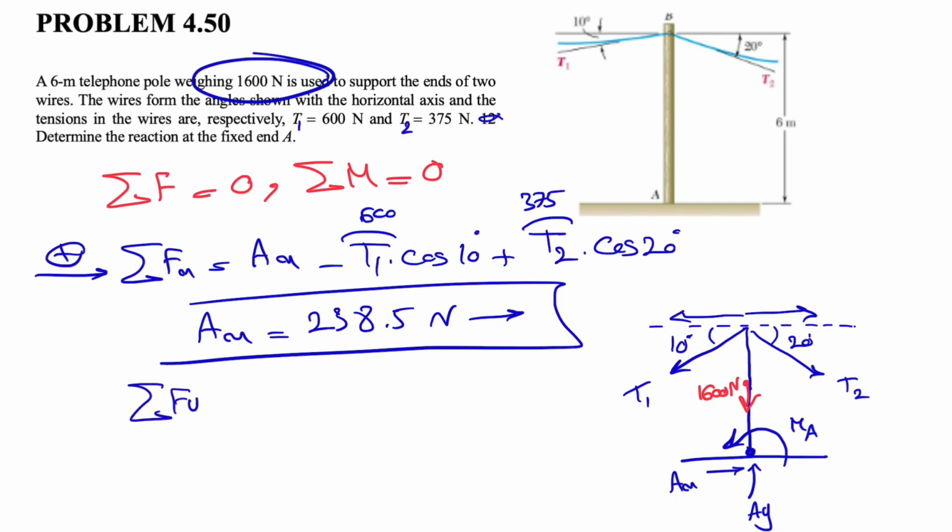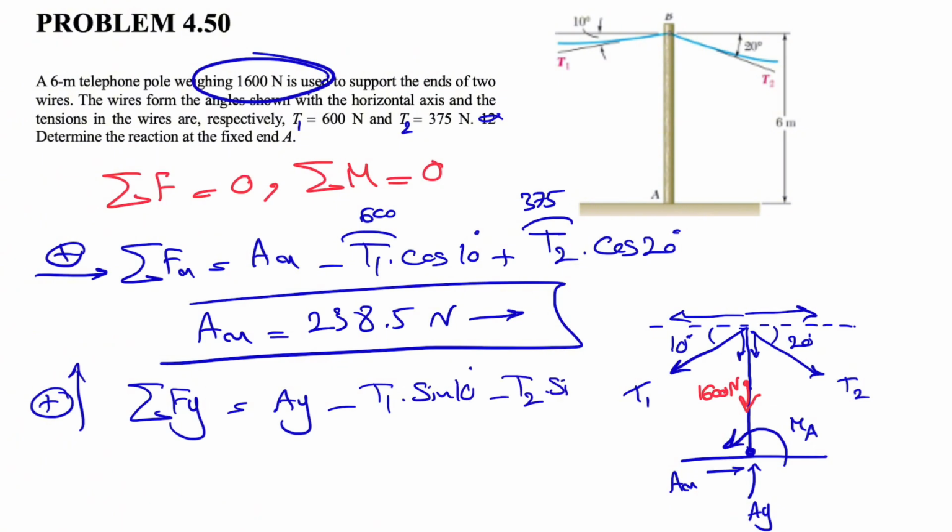Let's go with the Fy. This is our positive. Let's see what we have in y direction. We have Ay. We have the y components of T1 and T2, which are both negative. So we have minus T1 times sine of 10 degrees, same for T2, sine of 20 degrees, and we have the weight of the pole too, which is 1600 Newton, equals 0.